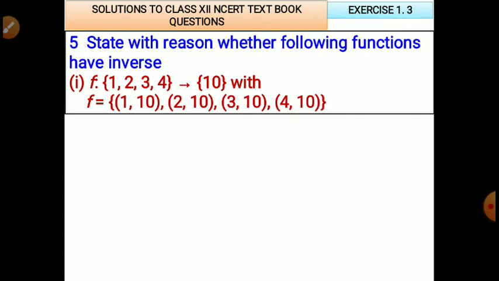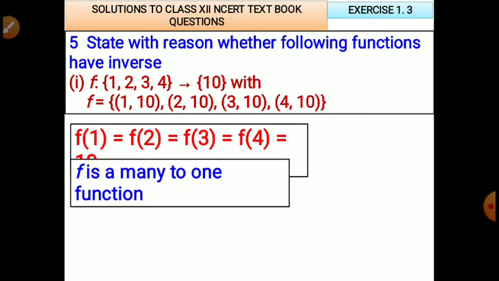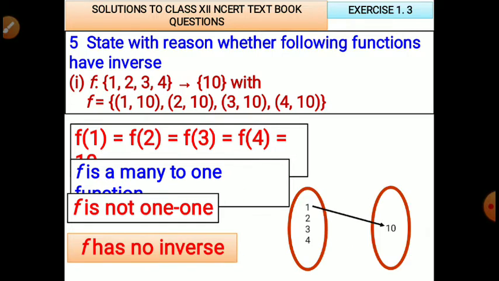Yes, it is a constant function, because all elements are mapped to 10, and f is a many to one function. All the elements are related to only 10. Since it is not a one-one function, therefore no inverse exists. The diagrammatical representation will be like this.